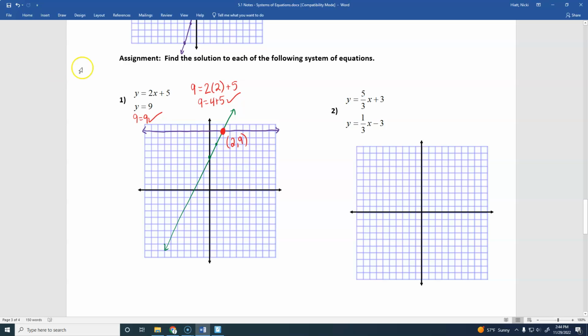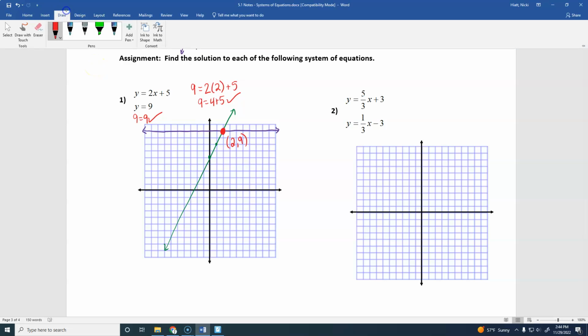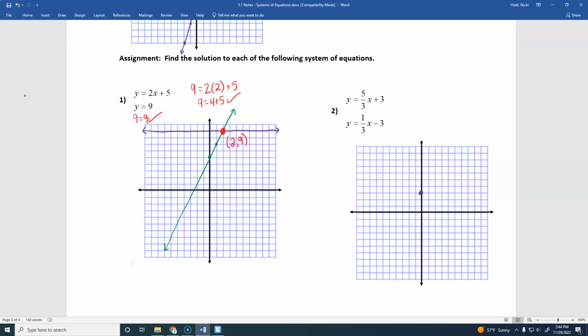Okay, let's do the next one here. And I may let you go. All right, so we have y equals 5/3 x plus 3, so 1, 2, 3. And then 5/3 up 1, 2, 3, 4, 5 over 1, 2, 3.